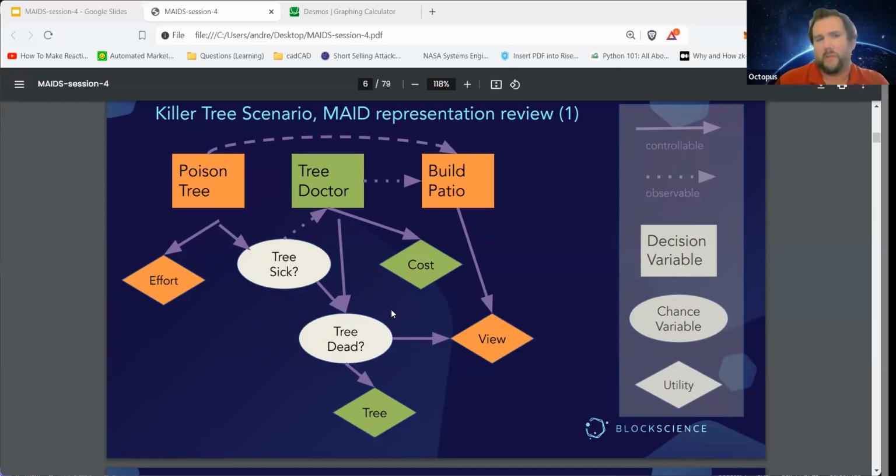Also verbal representations, right? There's a story that we've told about this: Alice wants there to be a deck with no tree, and she may be willing to poison the tree to get it. And Bob wants there to be a tree, and if he notices the tree is sick, he may be willing to call the tree doctor to save it, or he may call the tree doctor just because he's a responsible tree owner.